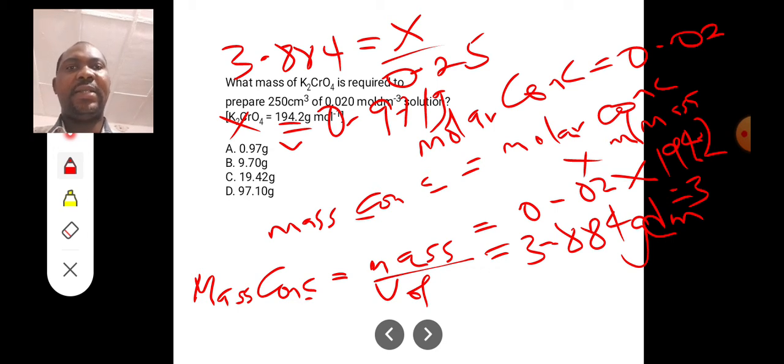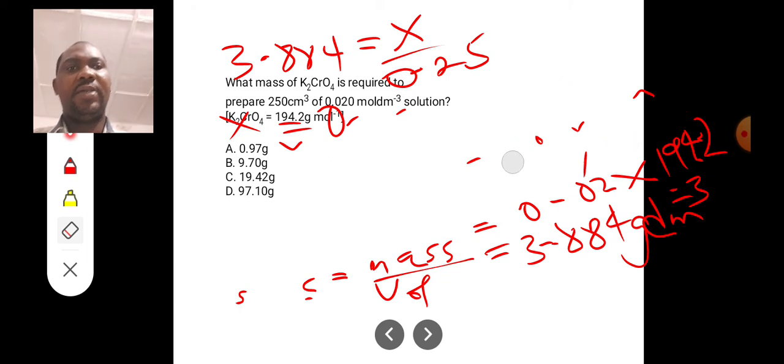Now, like I said, there is another way we can solve this. In that way, we can find the number of moles first.